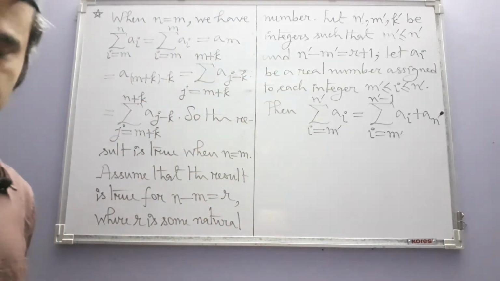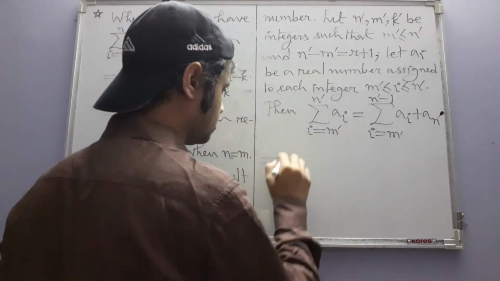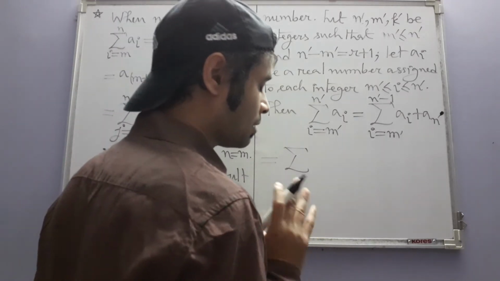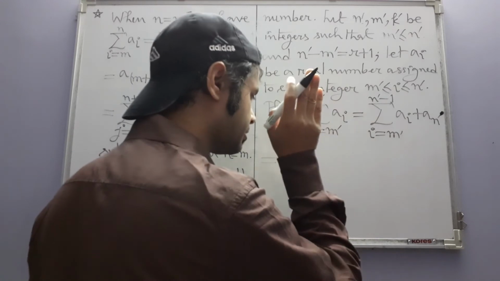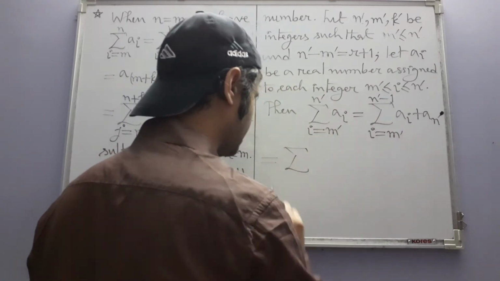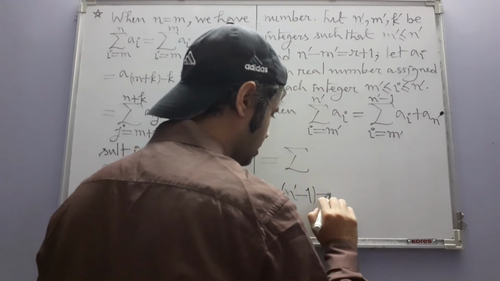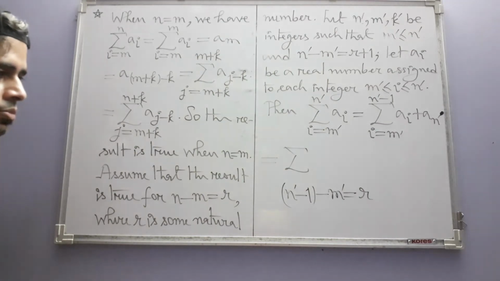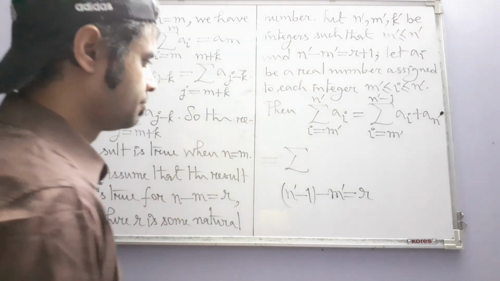And doing that, we have summation. Oh, and one more thing, we are able to apply the induction hypothesis here. Why? Because this minus m prime is R. That is why, which is coming from this one, of course.